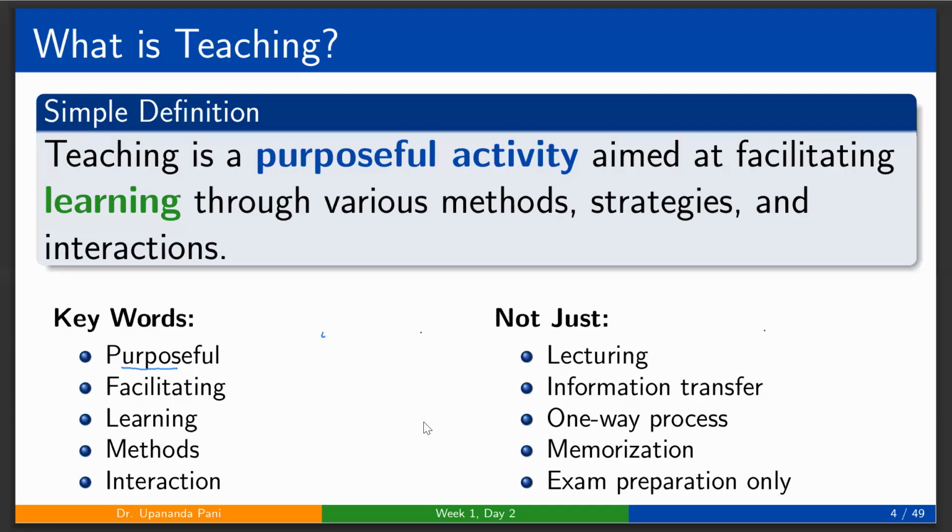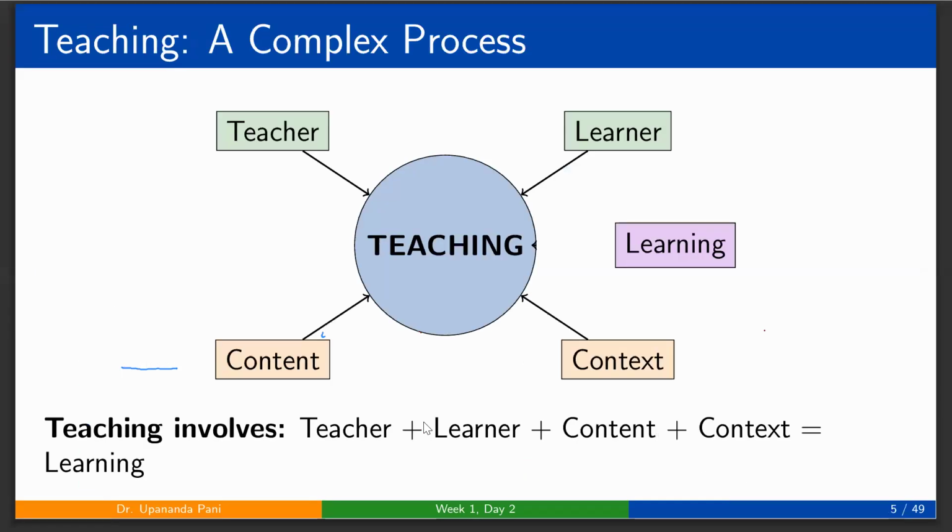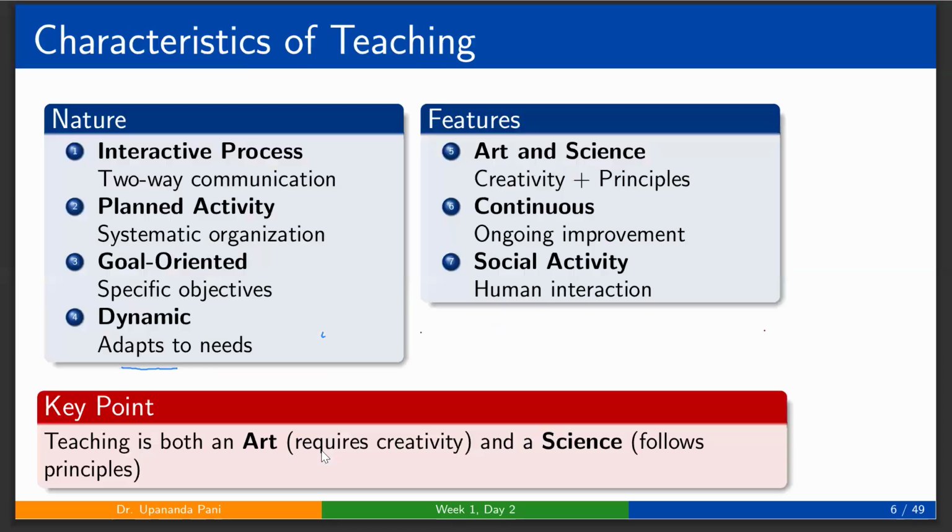Because it's a very complex process, you can see it involves teacher, learner, content, and context. So in general, teaching involves teacher plus learner plus content plus context. All of this leads to learning.